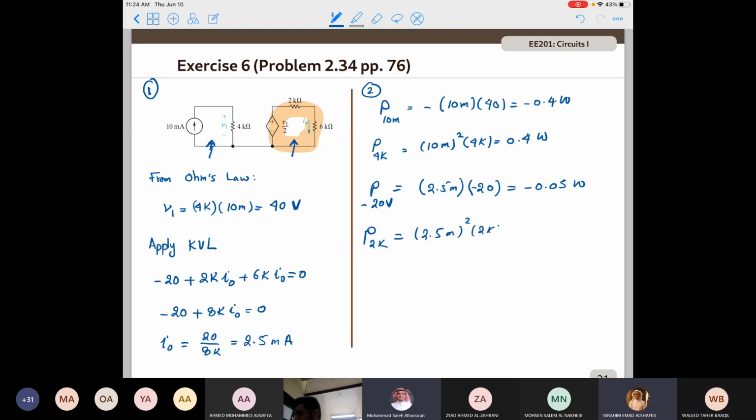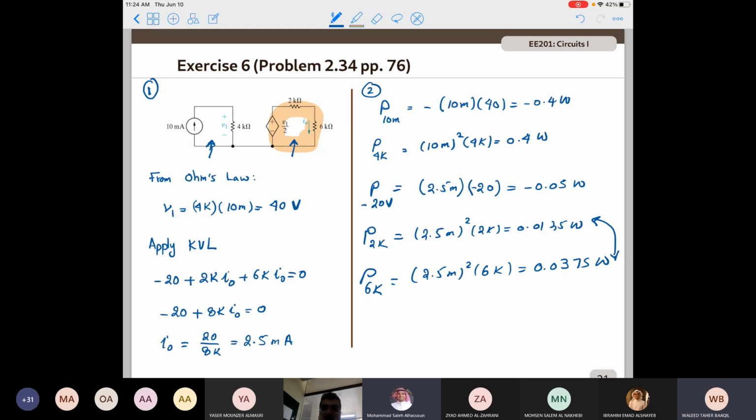Then it will be 2.5 times 10 to the power minus 3 squared times 2K, which is 0.0125. For the 6 kilo ohm, it will be I squared times R, which is 2.5 milli squared times 6K, 0.0375 watts. So if you add this one with that one, you should get the same value as that one. Okay, very good.